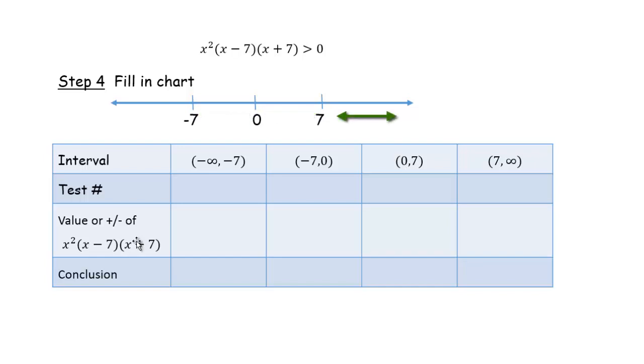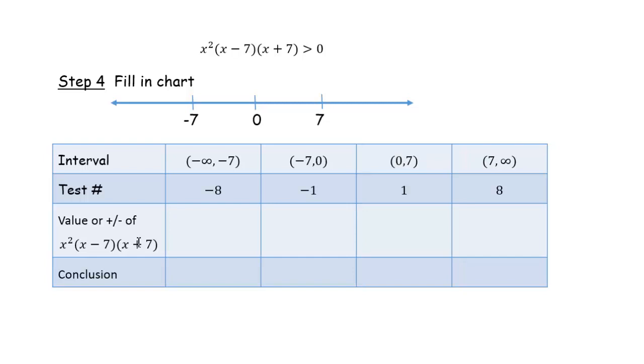I need to choose a test point or test number from each interval. It doesn't matter what point I choose as long as it's not negative 7, 0, or 7, and it has to be in the interval. The numbers I chose were negative 8 from our first interval, negative 1 from our second interval, 1 from the interval from 0 to 7, and then 8 from 7 to infinity.